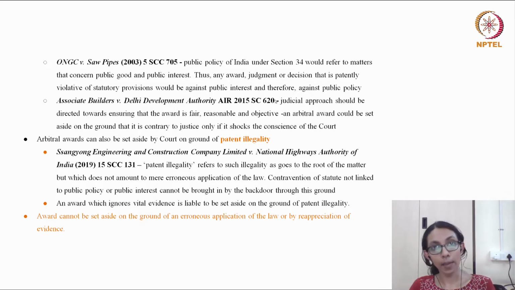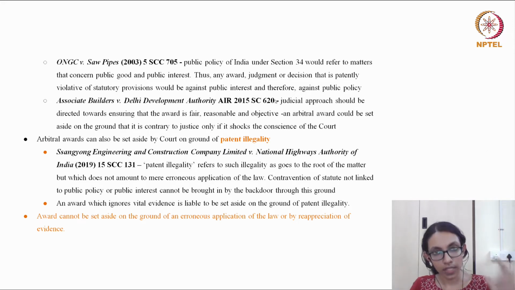Then if the damages that are awarded by an arbitral tribunal are based on some conjecture and not on the basis of any reasonable quantifications, then that may amount to patent illegality and that can be challenged before the courts. So these are the specific circumstances under which the arbitral award can be challenged before the courts in India.